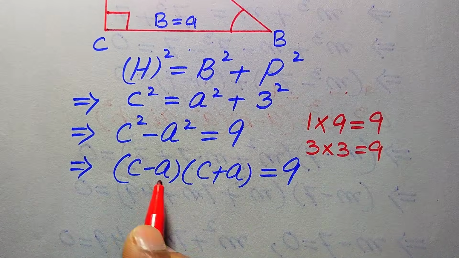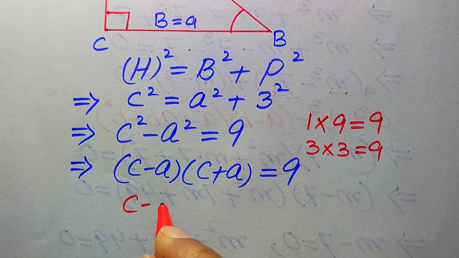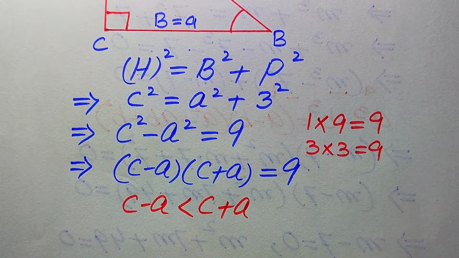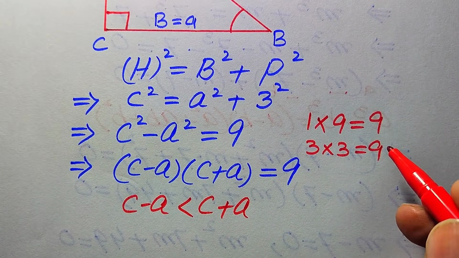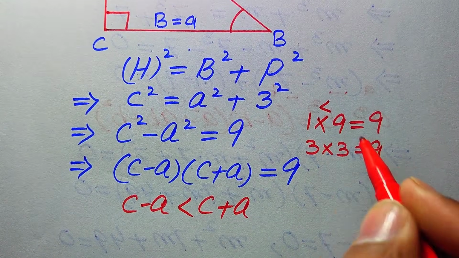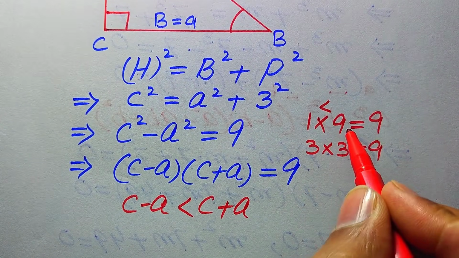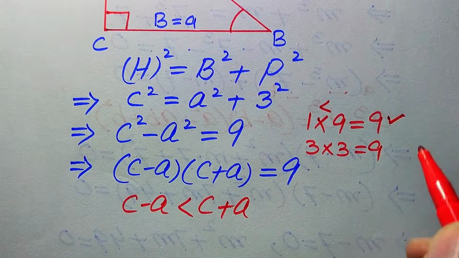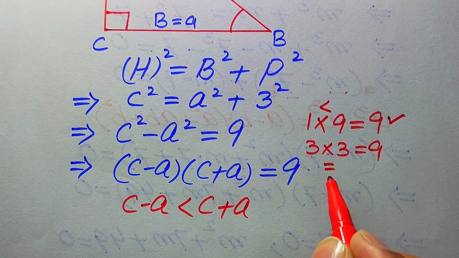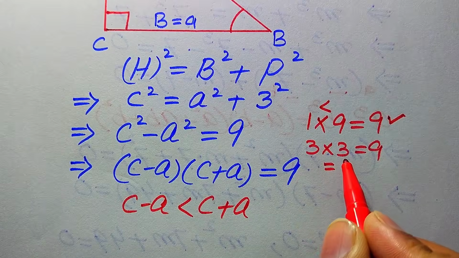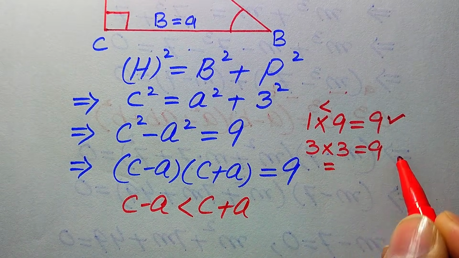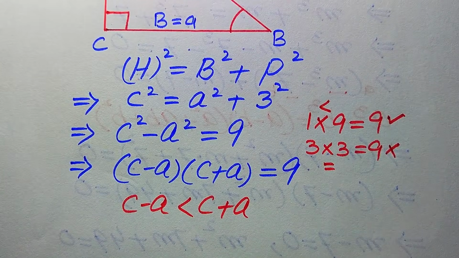Now if we make the relation between these two factors, c minus a is always less than c plus a. It means that we choose the pair of numbers in which the first number is less than the second number. So 1 is less than 9, and we choose this pair. But 3 equals 3, it is not less than 3 and does not satisfy this condition, so we reject this case.